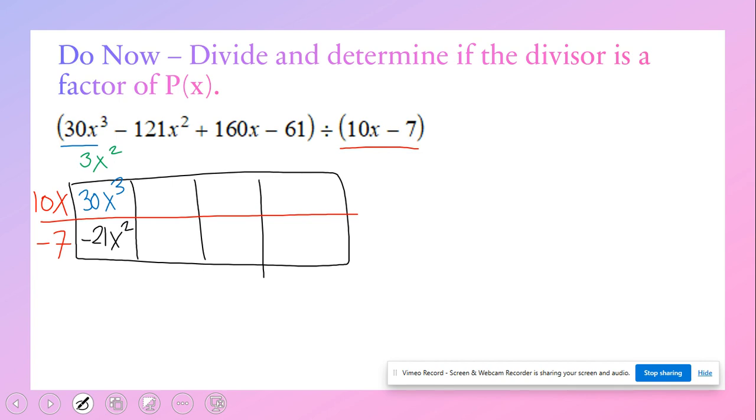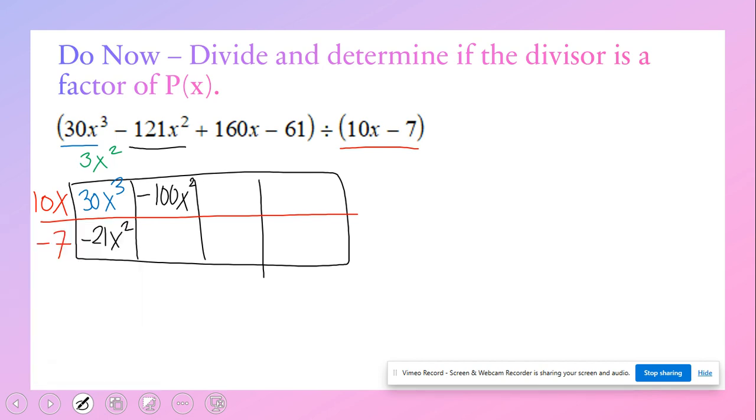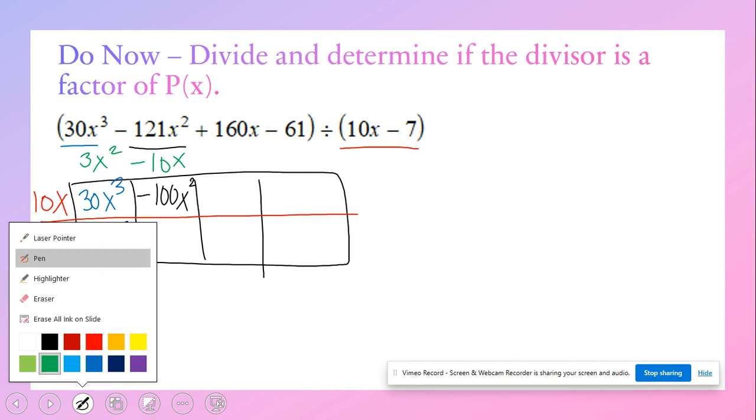Looking at my next term in the polynomial, I need to get negative 121x squared. So I need to take away 100 more x squareds in order to get that value. Now I'm asking myself, 10x times what gives me negative 100x squared, and that's going to be negative 10x. Negative 10 times positive 10 gives me negative 100. X times x gives me x squared.